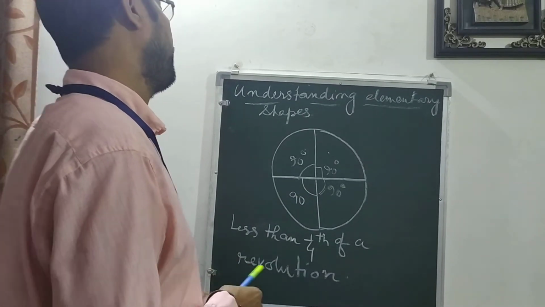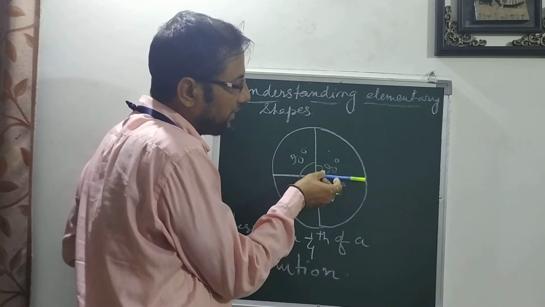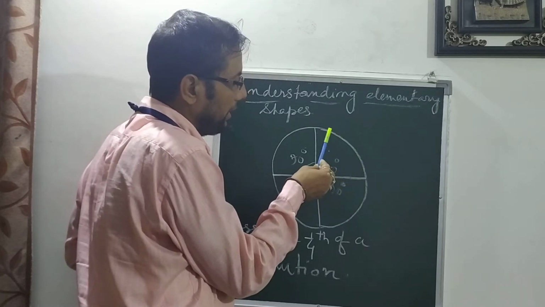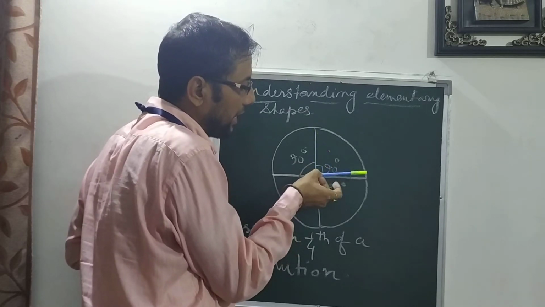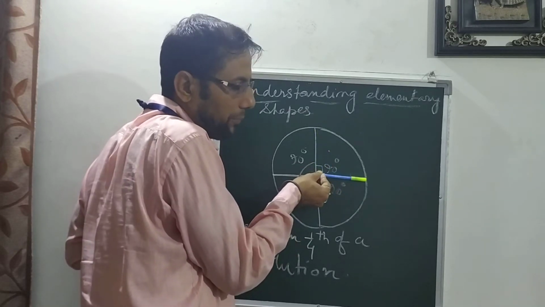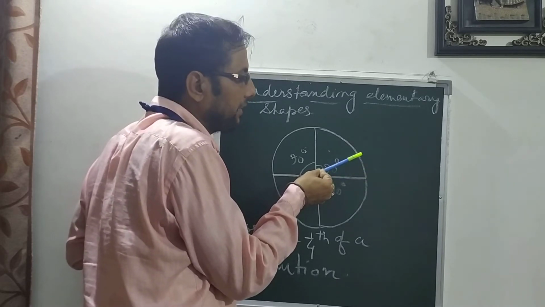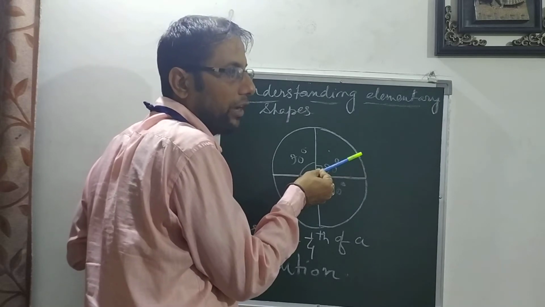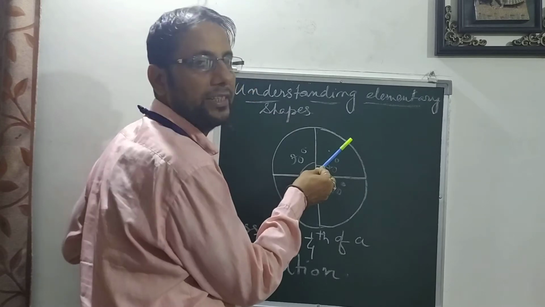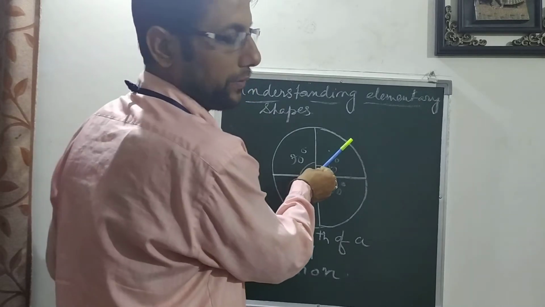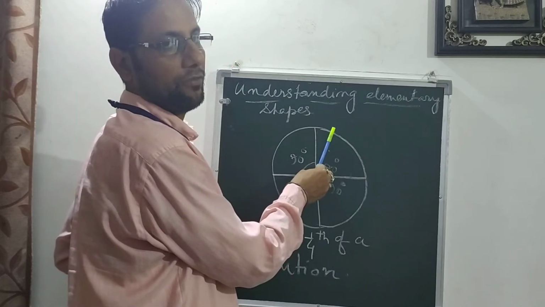Suppose I start the revolution from here like this, this is 1/4 revolution. Now if the revolution starts from 0 and stops over here, this is less than 1/4 revolution. If it stops here also, then also we will say it is less than 1/4 revolution.